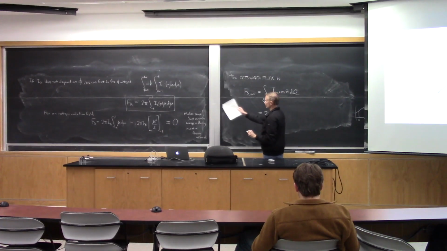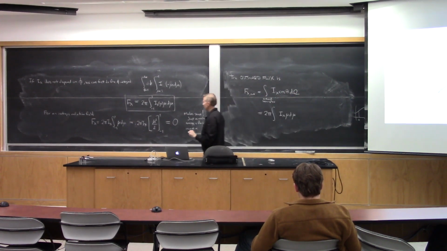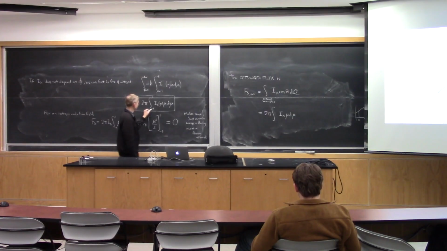Using our result there, that'll be 2 pi times the integral of I lambda mu d mu, but we have to decide our range of mu in this case.